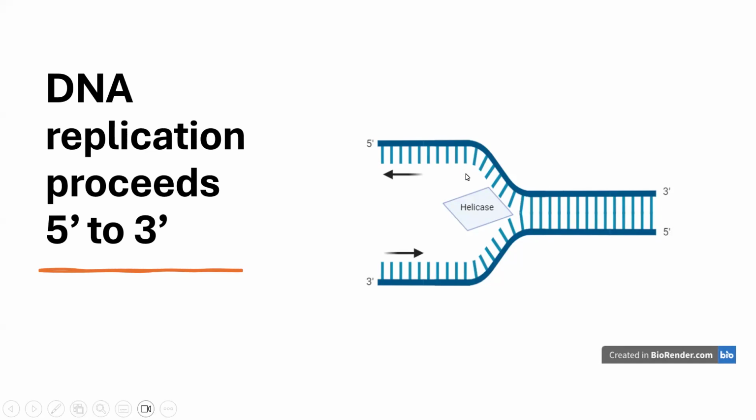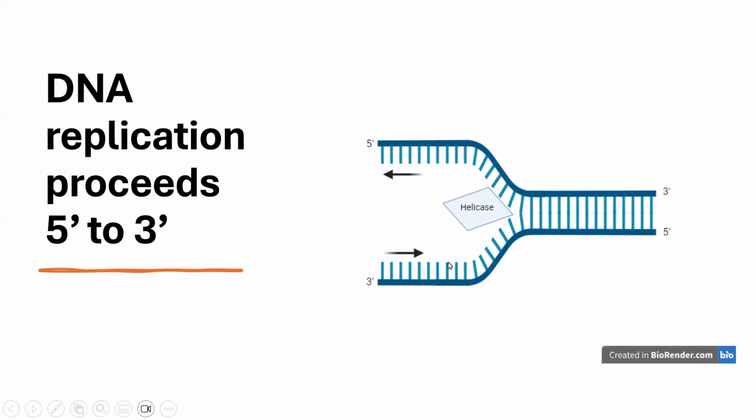So the 5' end of the complementary strand is going to be on this side, and it's going to go that way. So it'll be 5 to 3. Essentially, the complementary strand is going to look just like the strand on the bottom. But the strand on the bottom is going to have a complementary strand that looks just like the one on the top. And so this one down here is going to be our leading strand.